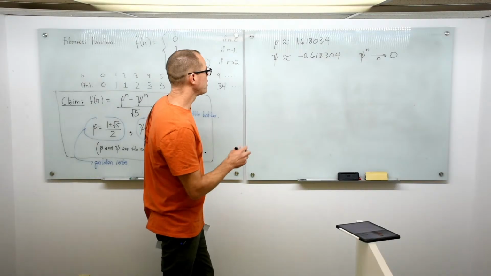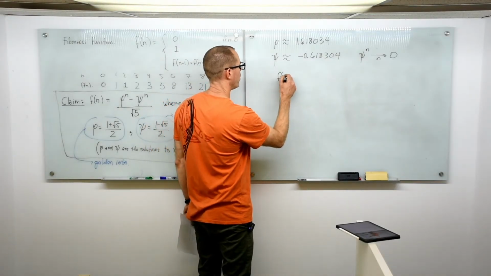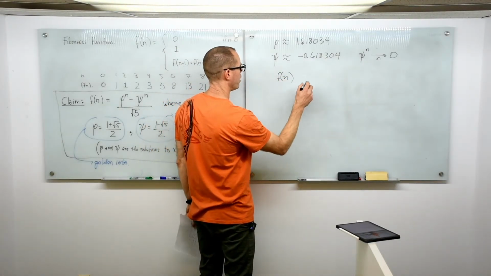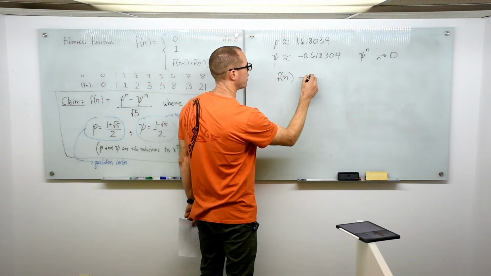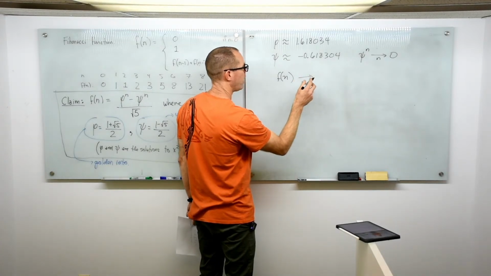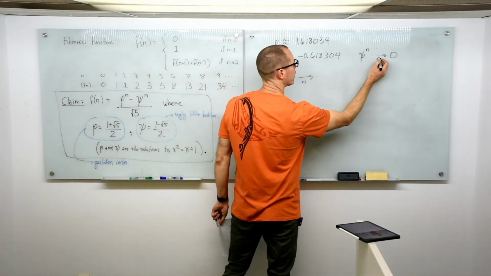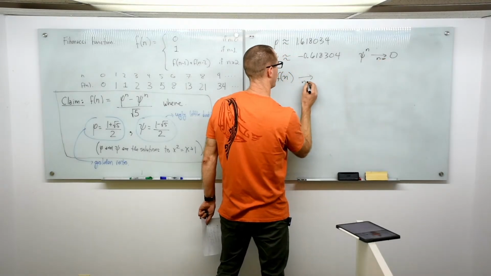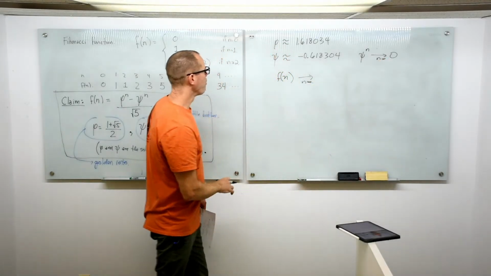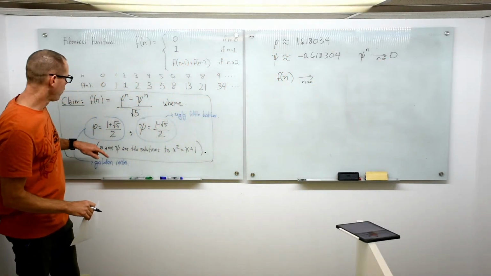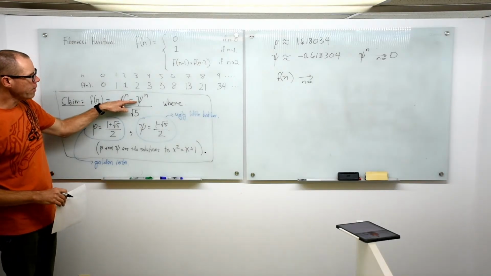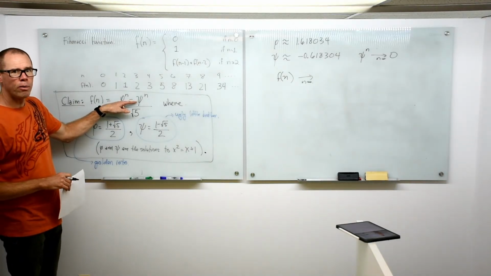So that means that the Fibonacci number f of n is basically, as n gets large, this contribution of subtracting psi to the n is subtracting a number that's smaller than 1.